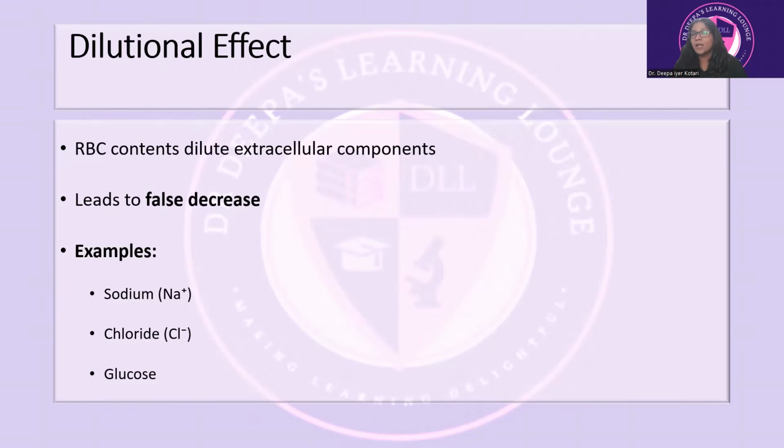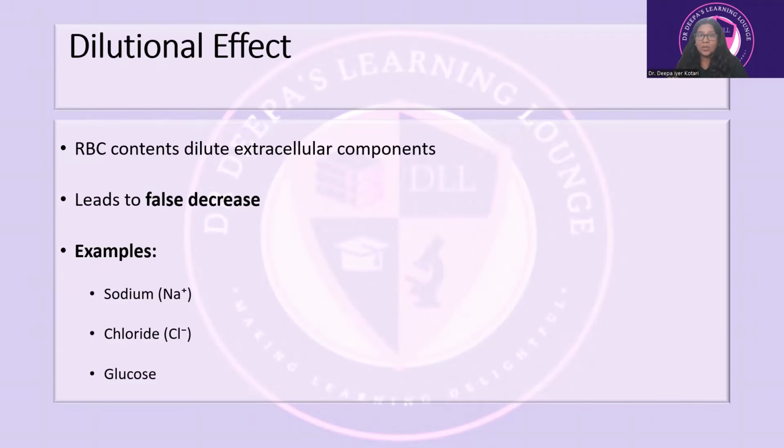The most important another thing is whenever you ask a patient or you ask a technician on what does hemolysis do, they would only pick up a few things and say LDH and potassium is elevated. They usually forget what is dilutionally reduced also. There are certain analytes which are at a lower concentration in the RBC compared to the plasma surrounding it, and these analytes are falsely lowered.